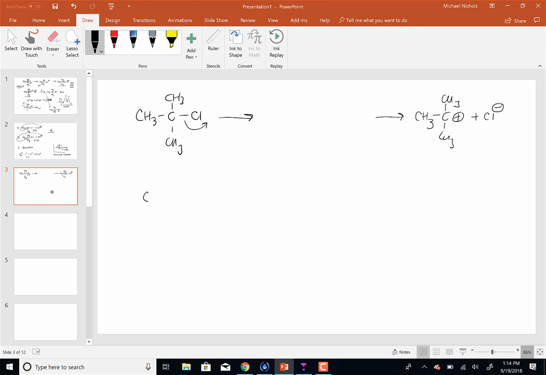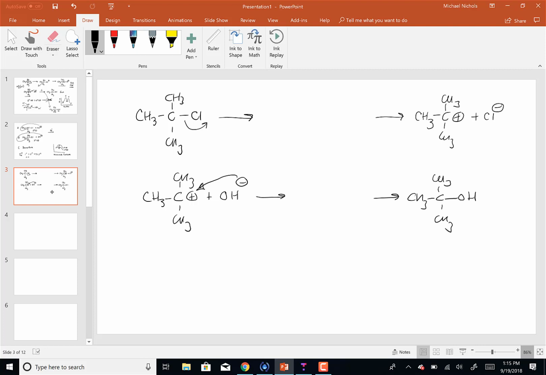Then once we formed the carbocation, which is the electrophile in this case, it reacted with the hydroxide ion, the hydroxide donating its pair of electrons to the carbon to produce the final product, which was the alcohol. So, which one of those two was the slow step?